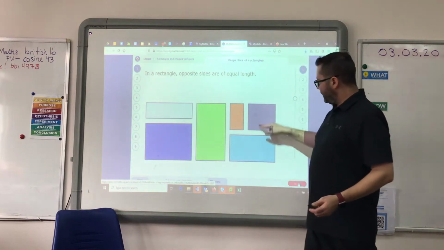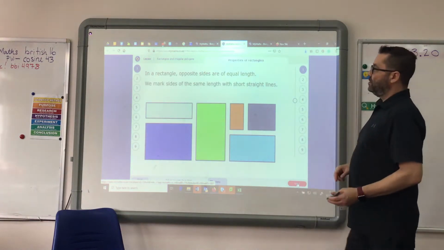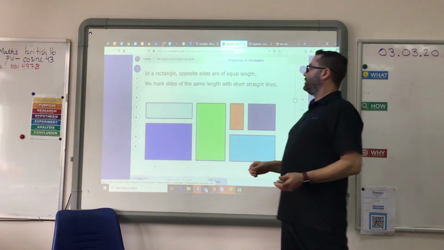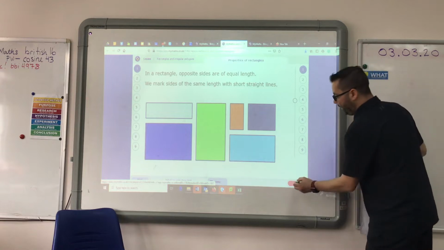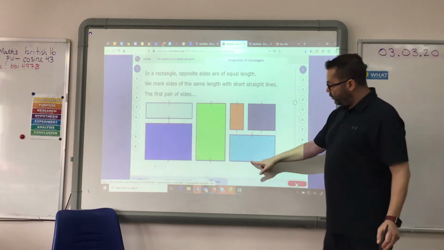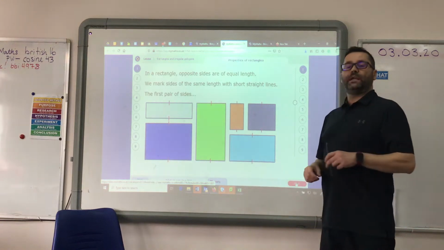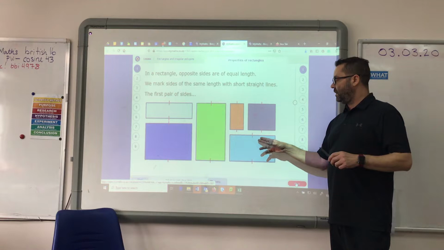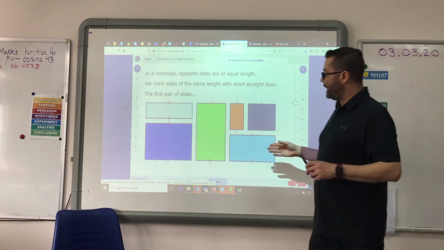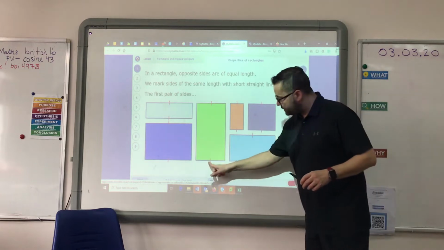Okay, and we can mark sides of the same length with short, straight lines. This is a new thing that we have not looked at yet. We looked at parallel lines with the arrows, looking at matching parallel lines. In the case of a rectangle or a shape, we use these little lines here to show that this line is the same length as this line.